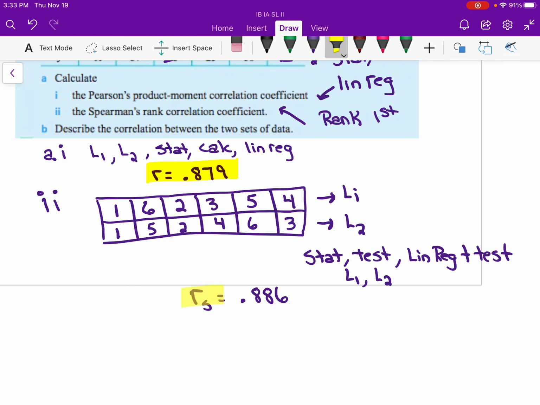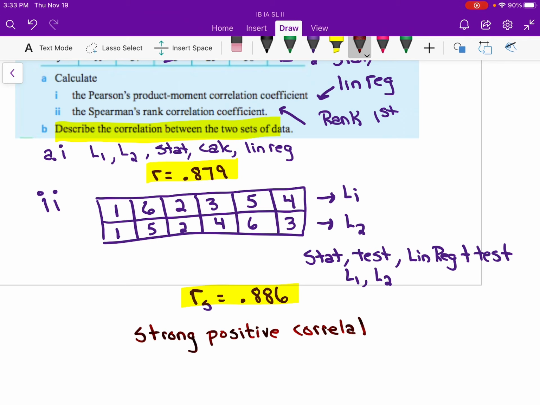Notice this is very close to this. So overall, the correlation between the two sets is a strong positive correlation, because the closer you are to one, the more strong and positive it is.